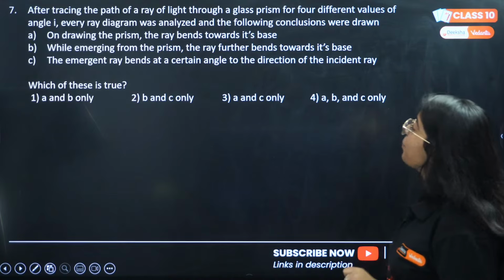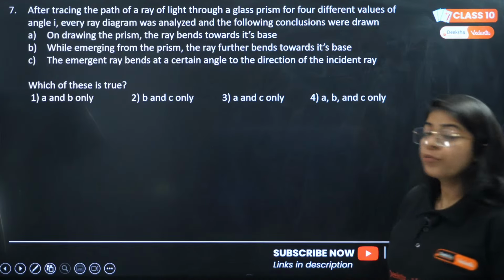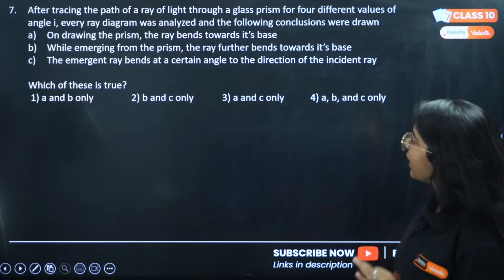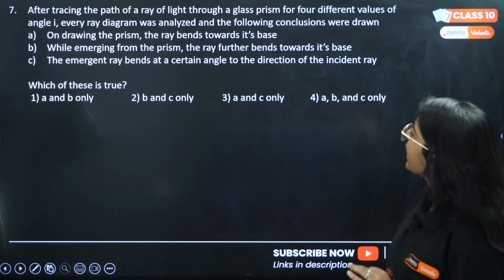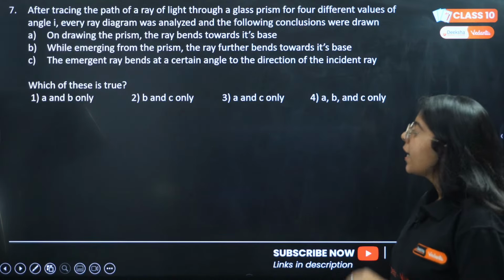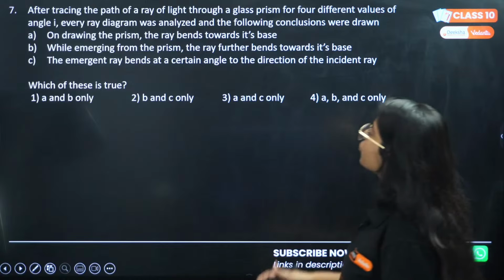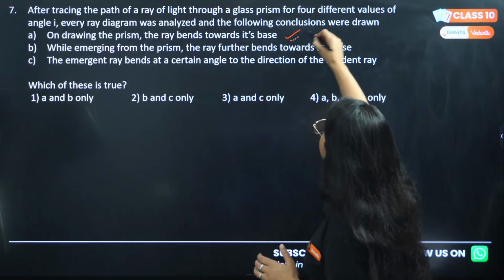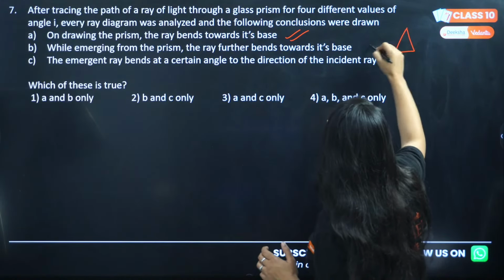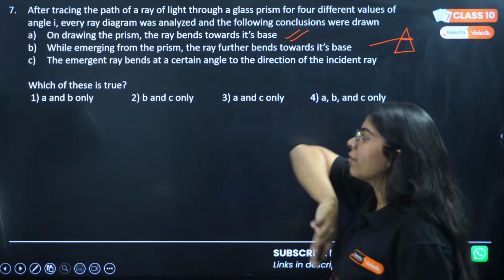After tracing the path of a ray of light through a glass prism for 4 different values of angle I, every ray diagram was analyzed and the following conclusions were drawn. A: on entering the prism, the ray bends towards its base. So this is my prism, light enters. Where does the ray bend, towards the base or away from the base?